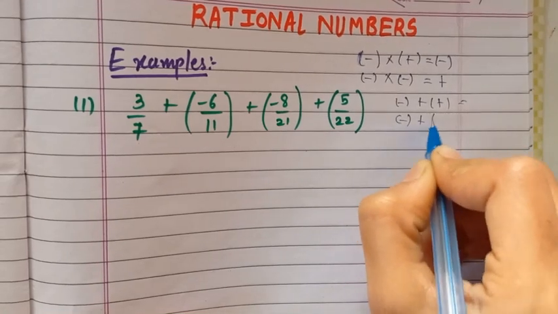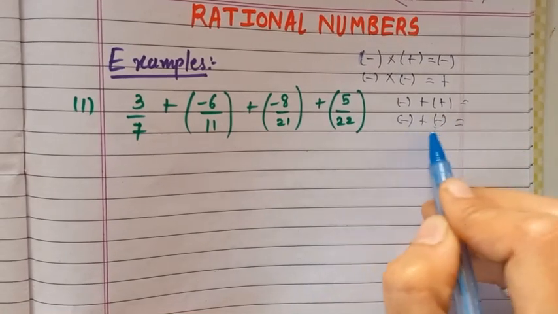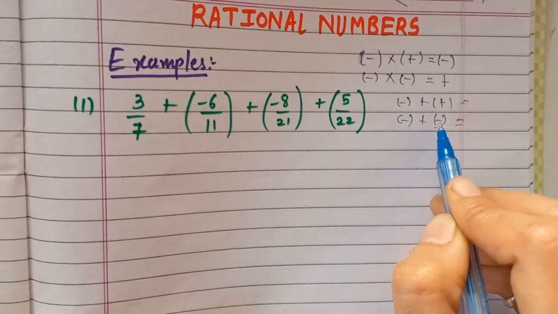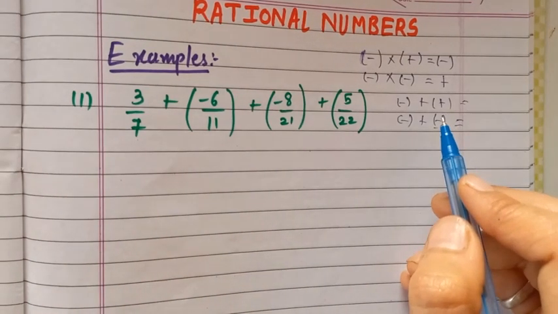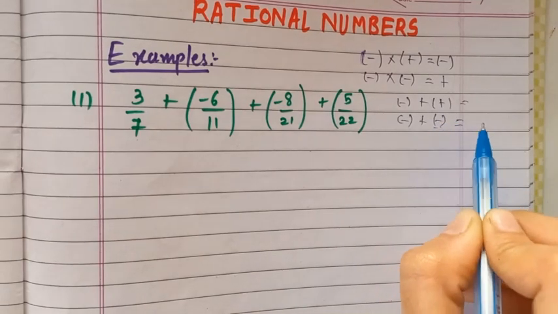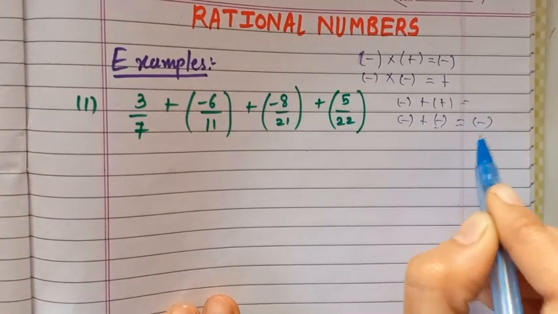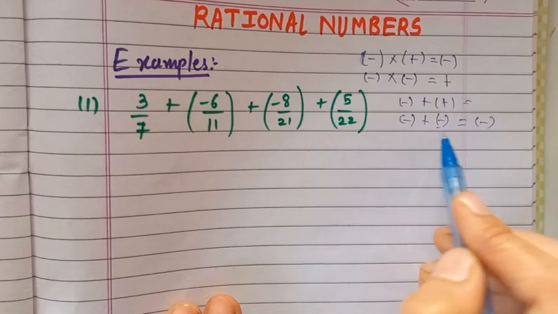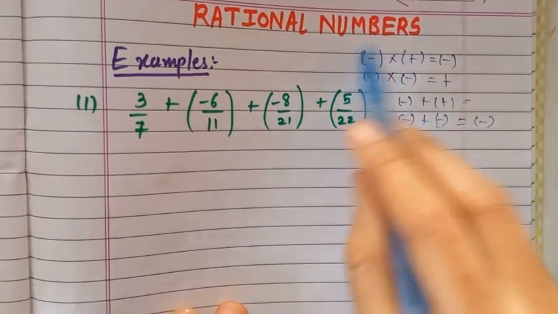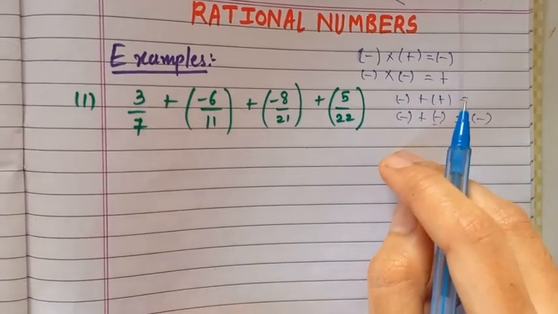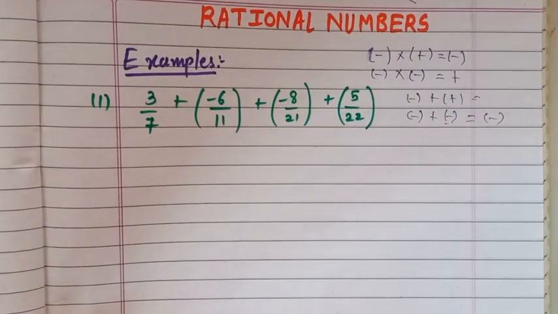If we add two negative numbers, then we add them, and our answer will be negative. But in multiplication, if we multiply two negative numbers, then our answer will be positive. So we have to remember this for this kind of question.